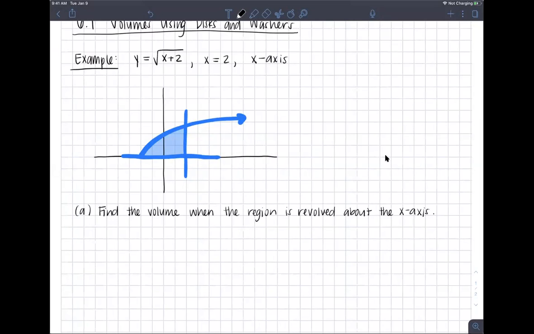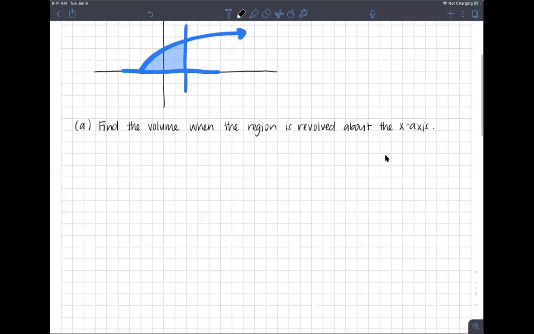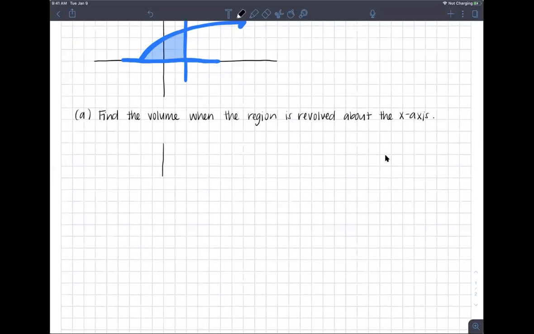First, I'm going to draw out what it looks like in 2D when you reflect it about the x-axis or revolve it about the x-axis. Well, in 2D, revolve and reflect is kind of the same, right? Because you can't really look at it from that third perspective.